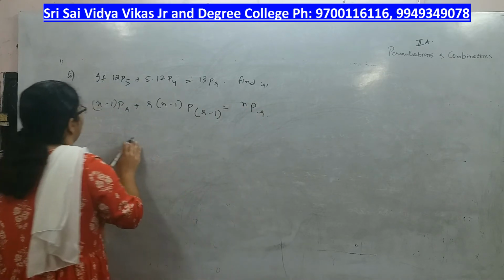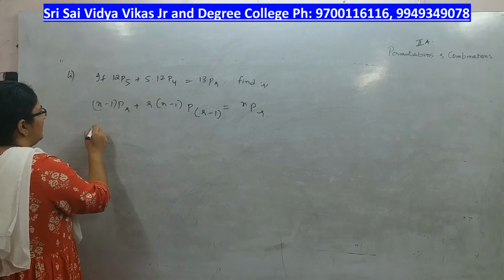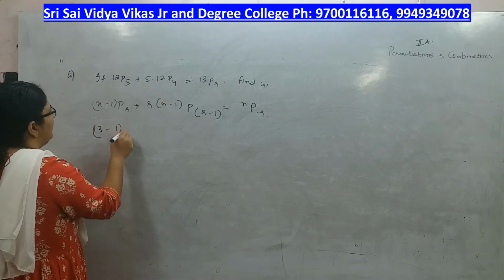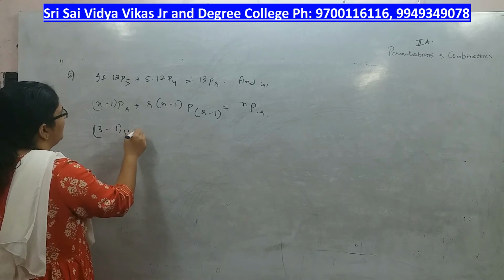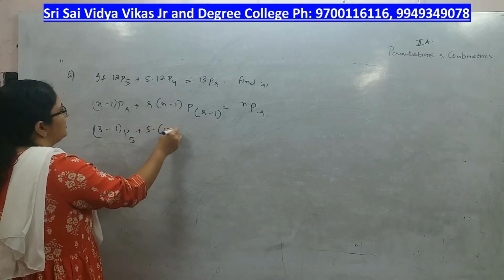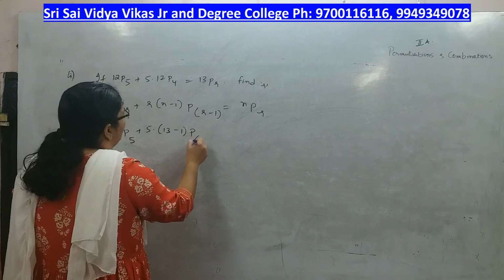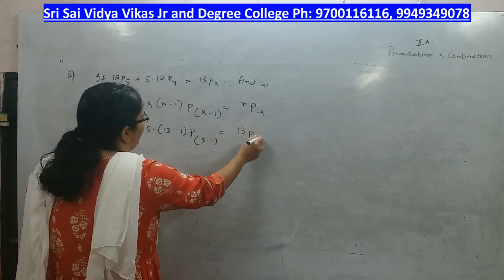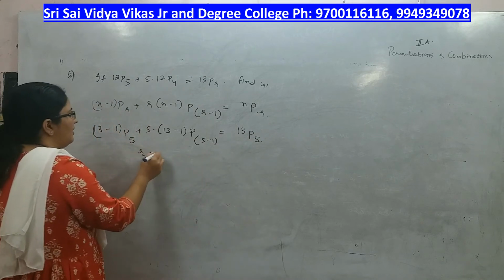So this is like 13 minus 1 P5 plus 5 into 13 minus 1 P5 minus 1, that is equal to 13P5. Here r is equal to 5.